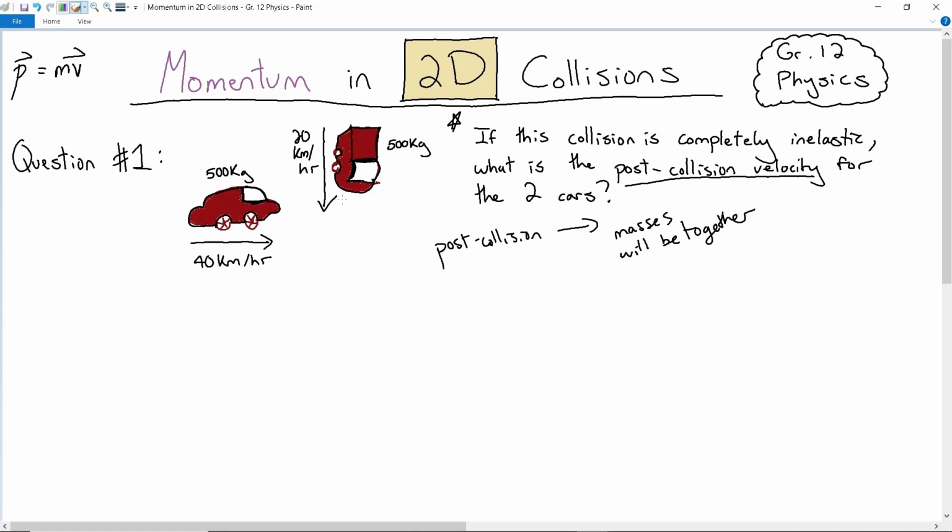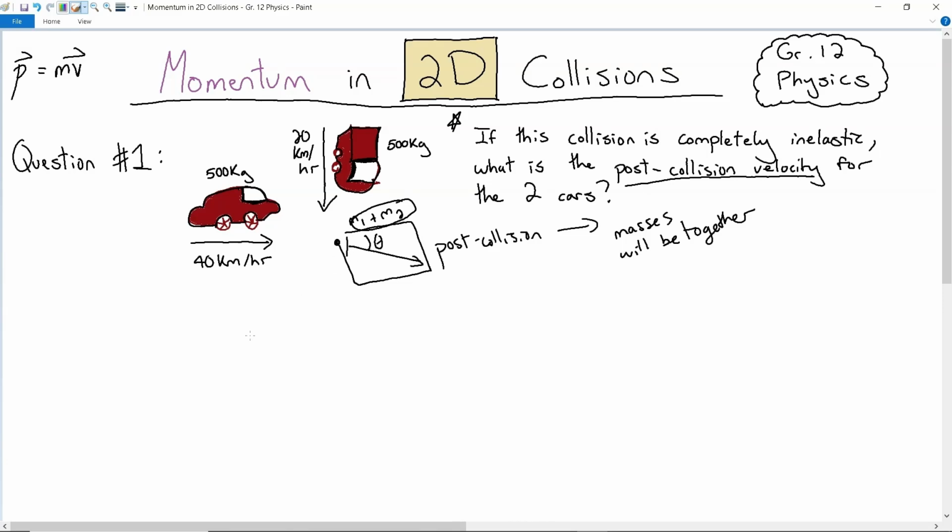Well, the two cars are going to hit each other. Let's say they hit each other right around here. And then post-collision, they're going to have a combined velocity at some set angle. So our job is to figure out what is this vector right here, assuming mass 1 and mass 2 are combined.